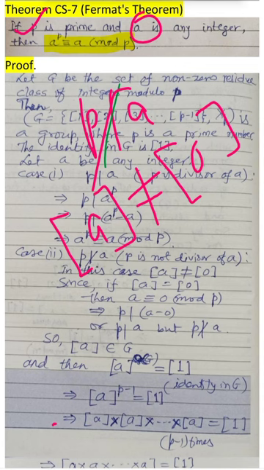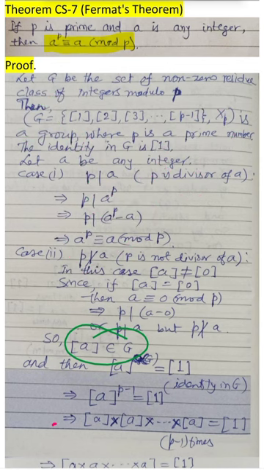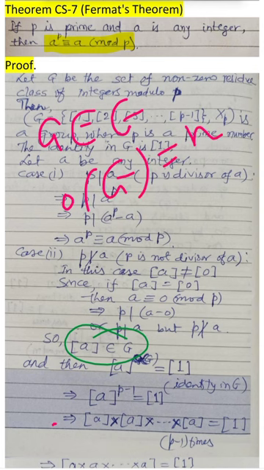And if class A is not equal to class 0, it means this class A is a member of G. You know, by Lagrange's corollary, if A is a member of G and the order of G is n, then A raised to the power n is the identity.